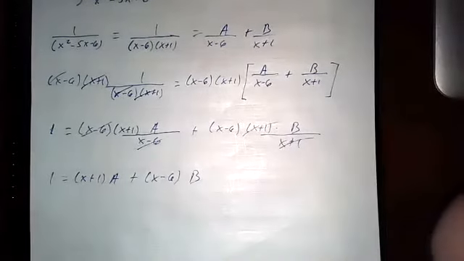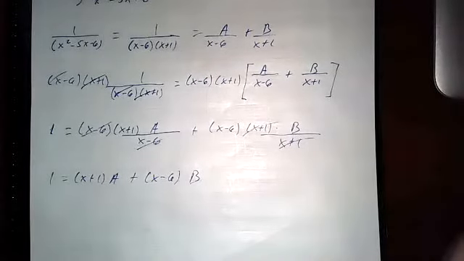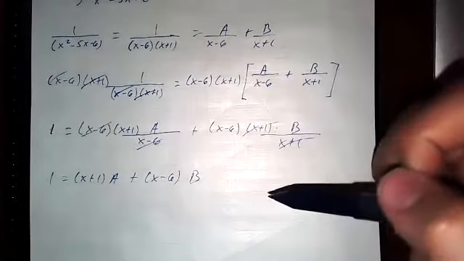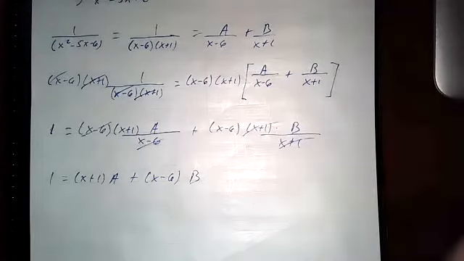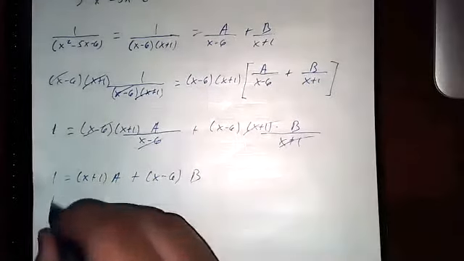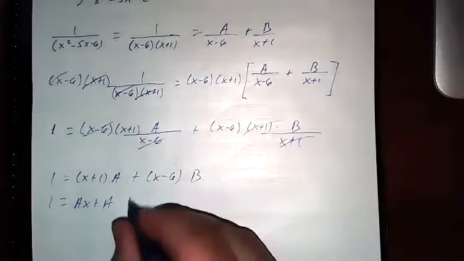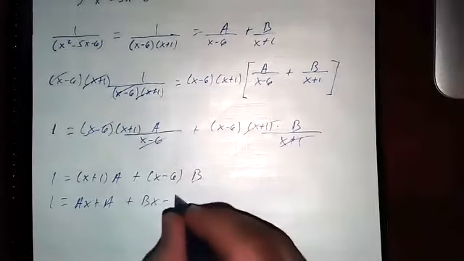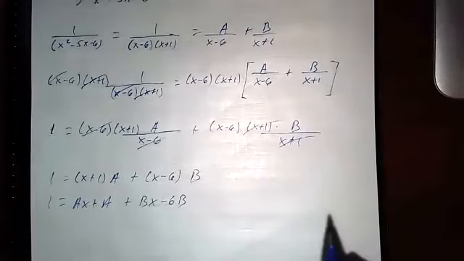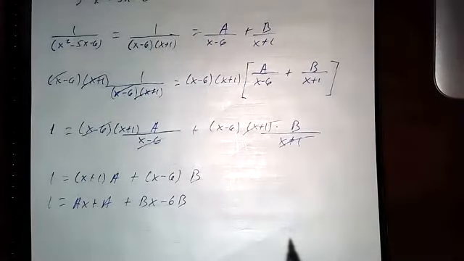That method only works sometimes. In this scenario, it's the easiest method, but I'm going to show you how to equate the coefficients so you know the way that always works. Okay, so what you do is distribute everything. Group everything together that is the same.